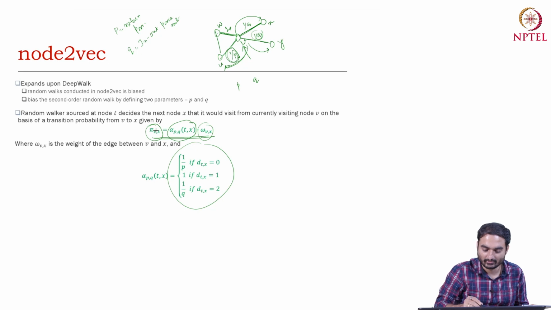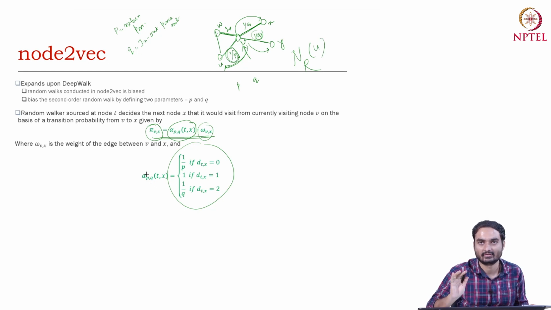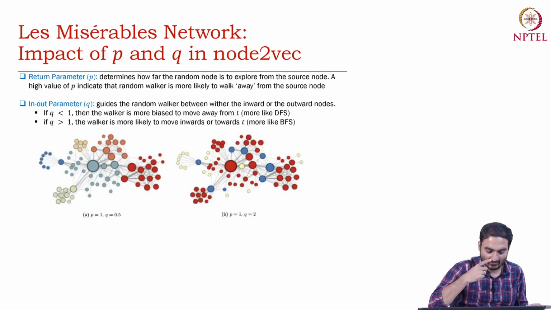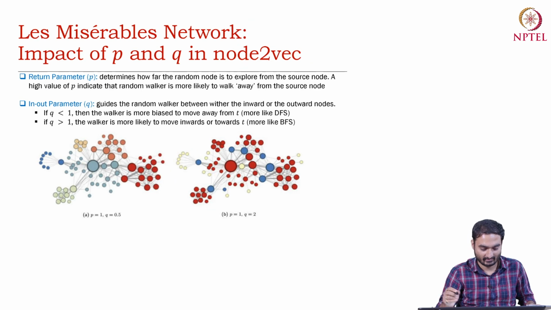So, using this transition matrix, you run your random walk process, and using the random walk process, you get the neighbors of U, and then you repeat the same process that we discussed in the case of DeepWalk. The only difference is that you have control over P and Q, whether you want to do BFS or you want to do DFS.